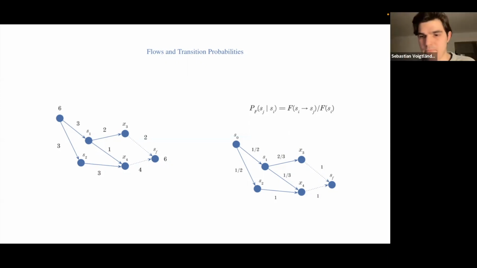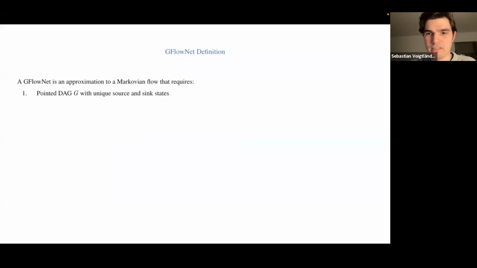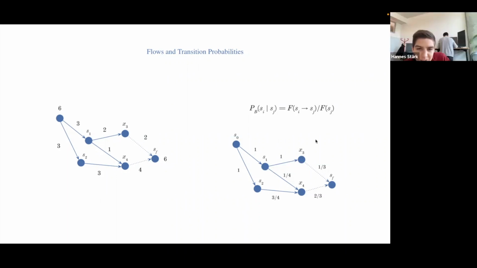Yes, exactly. And the backward probability similarly, you would simply divide by the flow that the edge leads to. This is why this is 1, for instance. That might be a little confusing in the beginning. There's only a single node, so it has to be 1 on the way back. If there's nothing else coming into you, then the stuff that came into you could only come from that arrow.